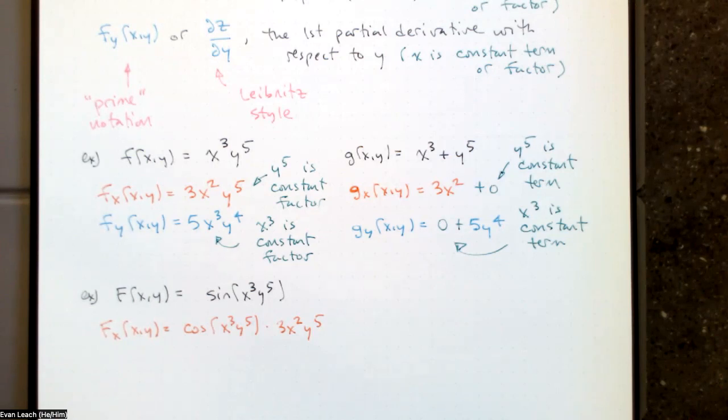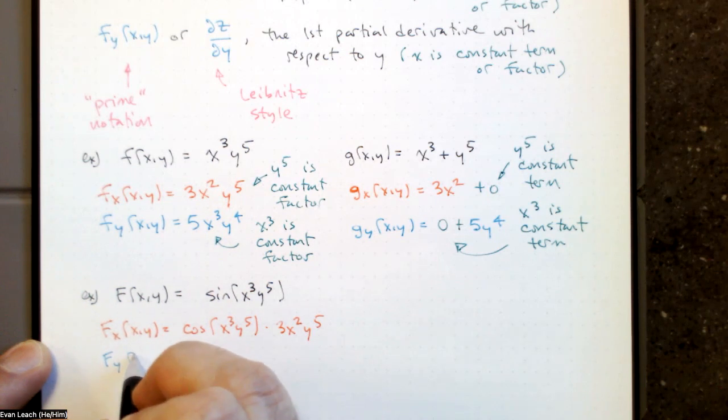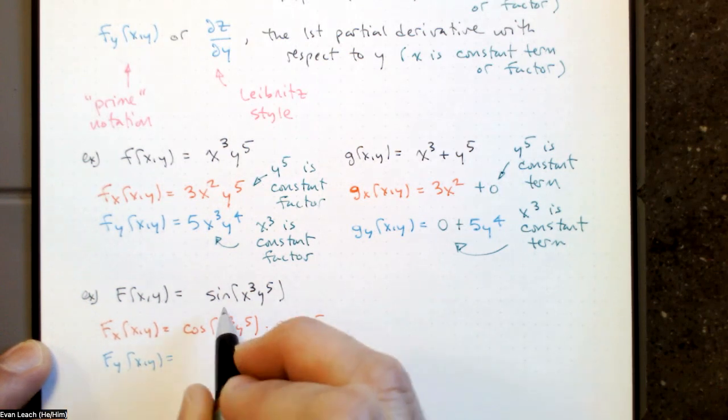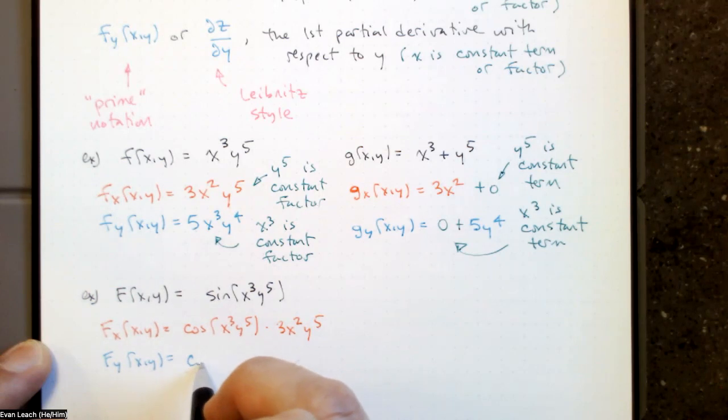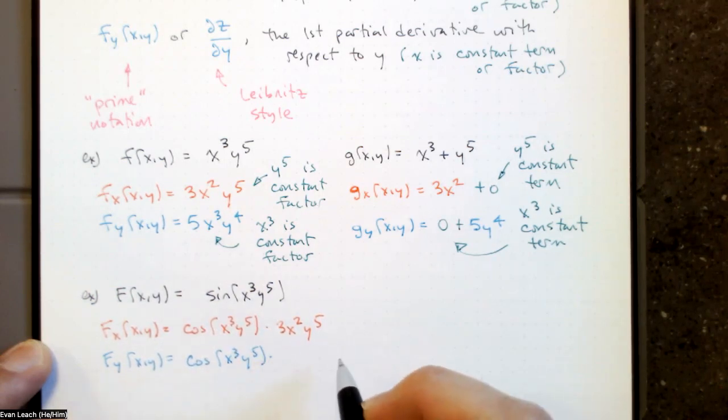If we want to find the derivative with respect to y, we still got to use the chain rule because we always got to use the chain rule. The derivative of sine of a thing is cosine of that thing times the derivative of that thing.